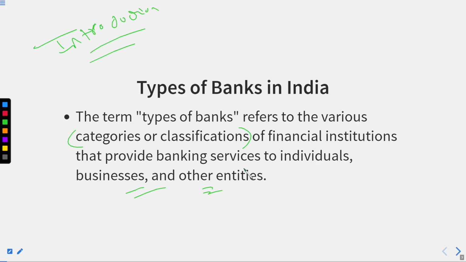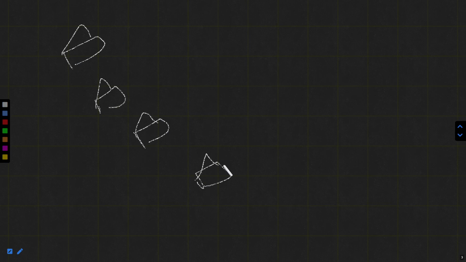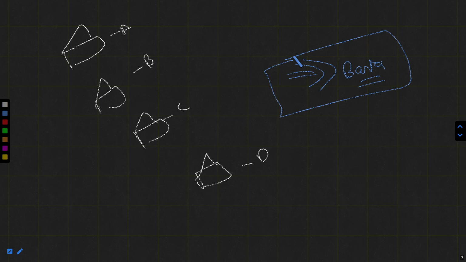Suppose there are four banks, A, B, C, and D. One thing common in them is that they all are banks.